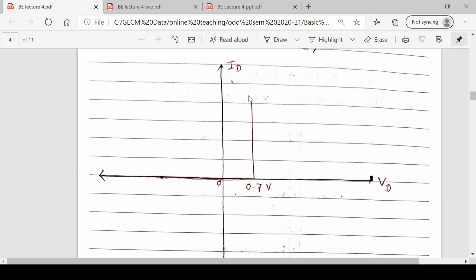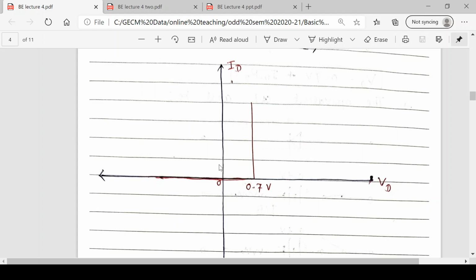If you increase the voltage, current will increase, but the voltage will remain 0.7 because there is no bulk resistance, so no ohmic drop will be there. And if your input voltage is less than 0.7, the diode remains reverse biased, current is zero, and resistance is infinite. So this is the VI characteristics of the second approximation of the diode.